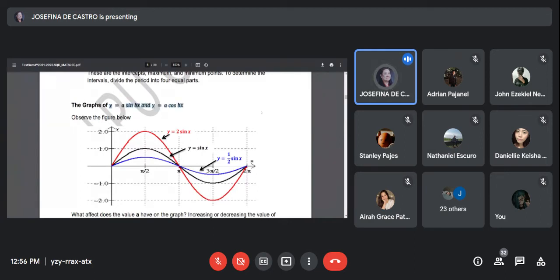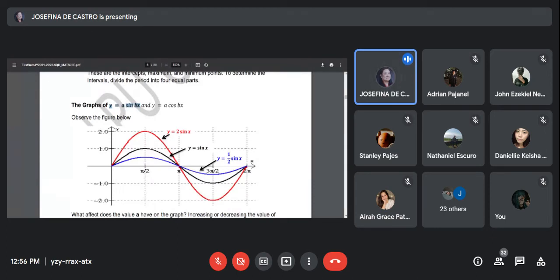Y is equal to A sine BX and Y is equal to A cosine BX. Ito na yung variation na sinasabi ko from the basic curve, Y is equal to sine X and Y is equal to cosine X. Magkakaroon na tayo ngayon ng A at magkakaroon na tayo ng B. Y is equal to A sine BX.